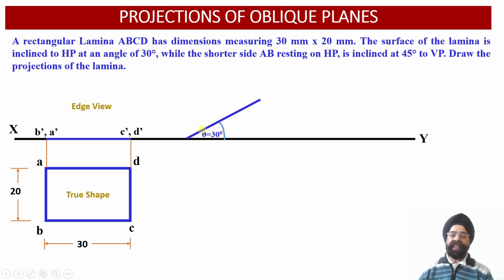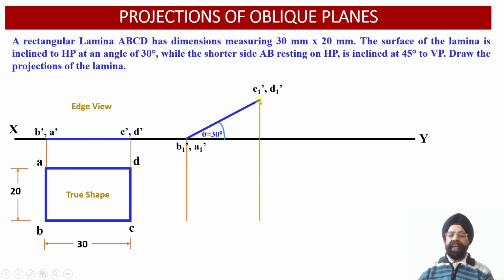Since we have marked this edge length equal to 30 millimeter, now I can mark the points B1 dash and A1 dash over here, at a distance of 30 millimeter, which is equal to the front view projection which we obtained earlier, right? So this front view B dash, A dash, C dash, D dash has been transferred at an angle of 30 degree over here.